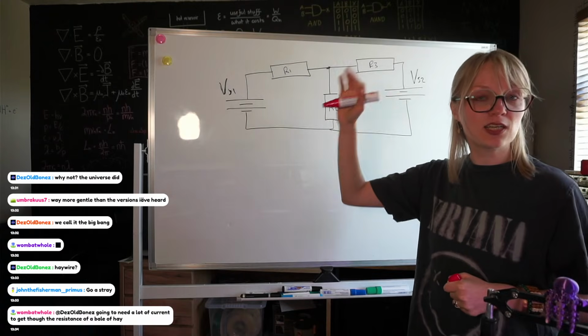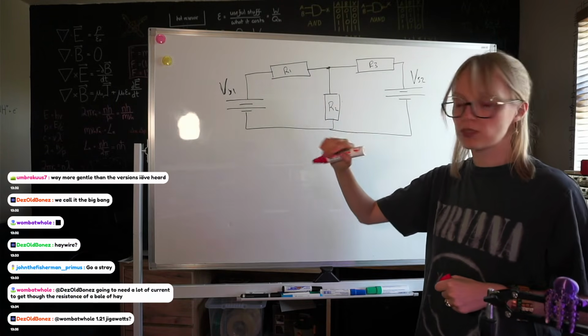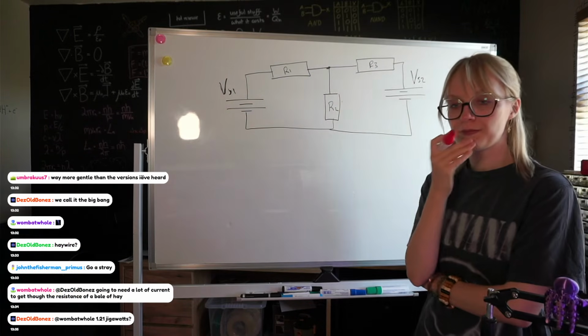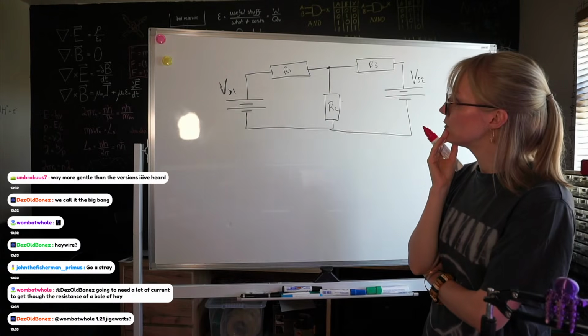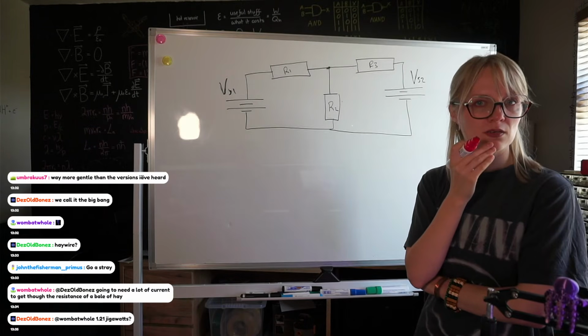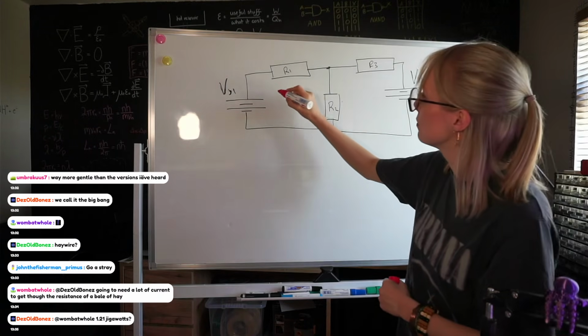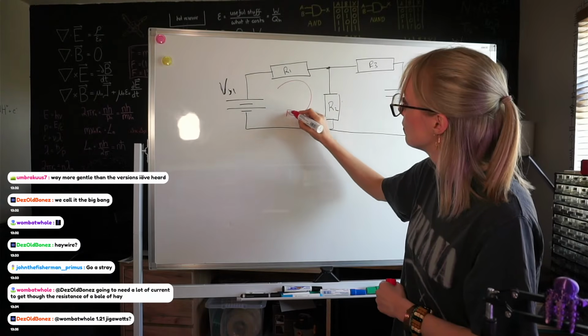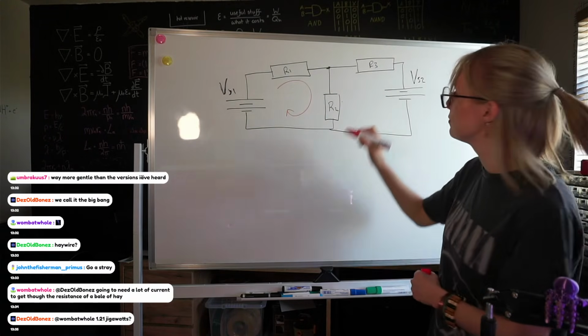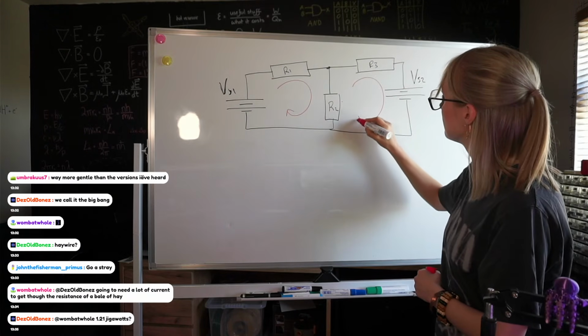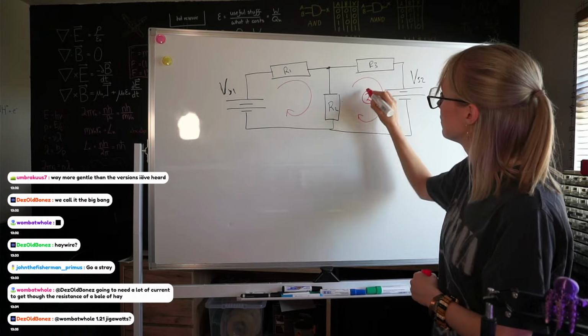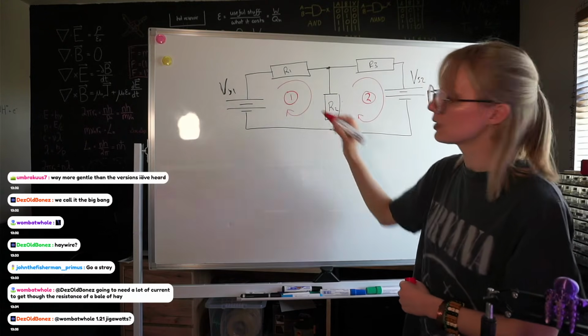You basically look at an enclosure like this, and you loop it. Loop 1, and loop 2.